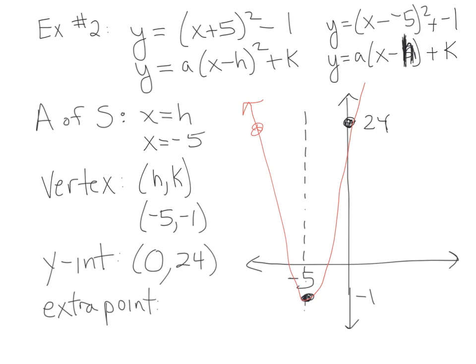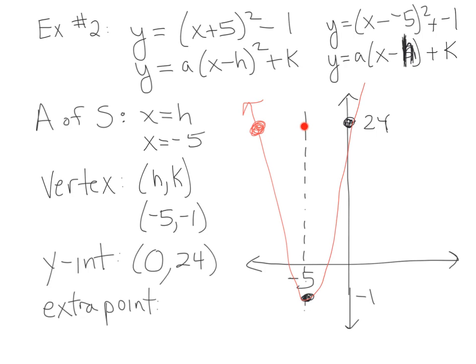We're looking for this extra point because it is straight across from the y-intercept. If this distance here is 5, and another 5, they have to be equal because they're symmetric.